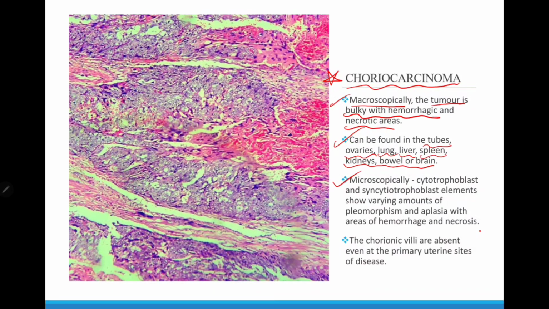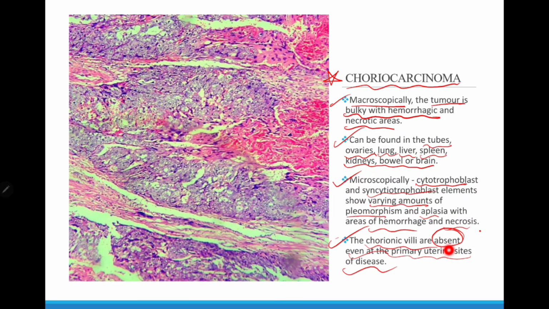Microscopically, cytotrophoblast and syncytiotrophoblast elements show varying amounts of pleomorphism and anaplasia with areas of hemorrhage and necrosis. The chorionic villi are going to be absent.